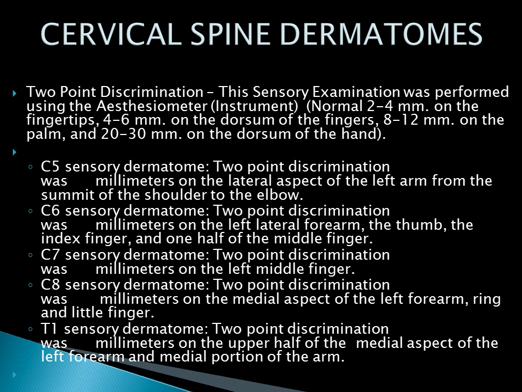Now the AMA Guides do not refer to normal two-point discrimination in the regions of the distribution of the C5 dermatome. For example, there is no mention in the AMA Guides of normal two-point discrimination on the shoulder or at the lateral aspect of the upper arm from the shoulder to the elbow.